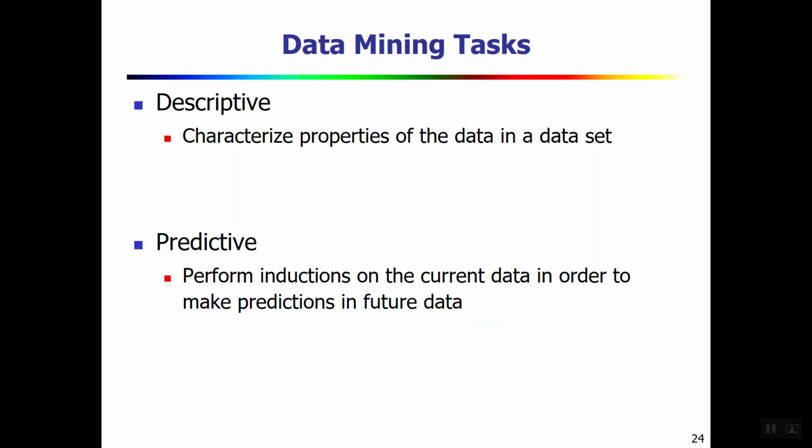Any new data set fitting this profile, we can predict it to belong to this class. For a predictive task, we not only want to make a prediction, we also want to know why that prediction is correct. So it also requires descriptive evidence to support your prediction. Those two are not disjoint.